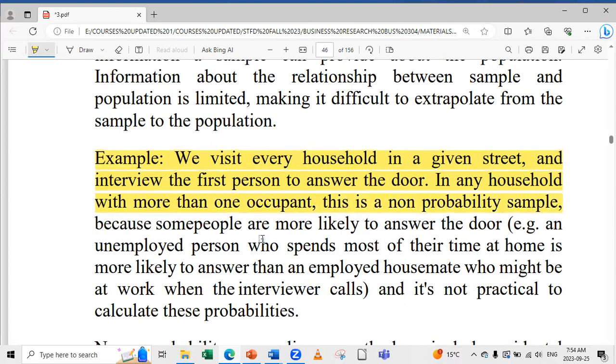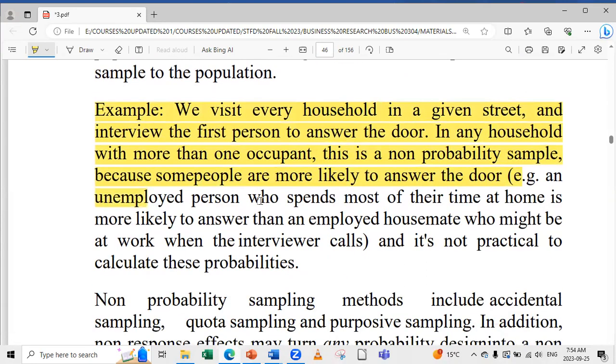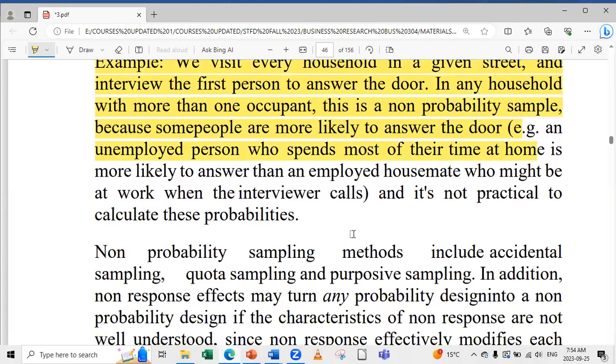Why? Because some people are more likely to answer the door, for example an unemployed person who spends most of their time at home. And it is not practical to calculate this probability.